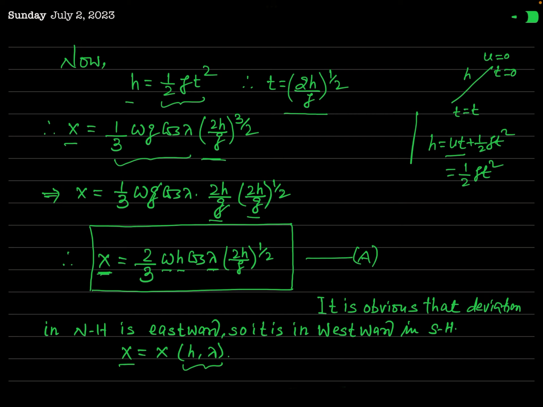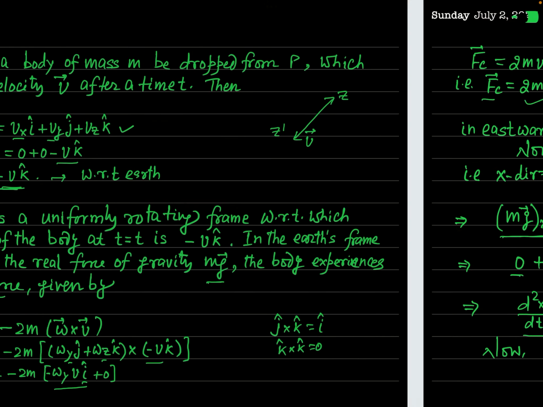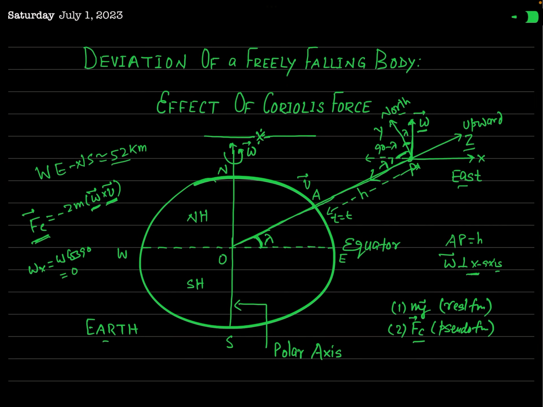Okay, now let us see the effect of this lambda keeping h constant. We keep h at a fixed value, and let us take some standard values of this lambda. You can see the figure here. This lambda is the angle made by the position vector of the point or place with the equator. So if this point P lies just above the equator, then this lambda will be 0.